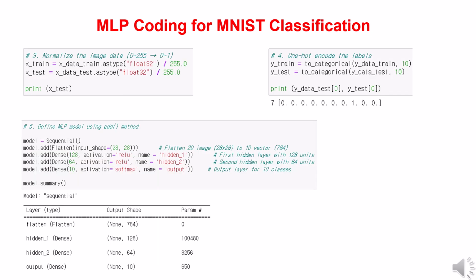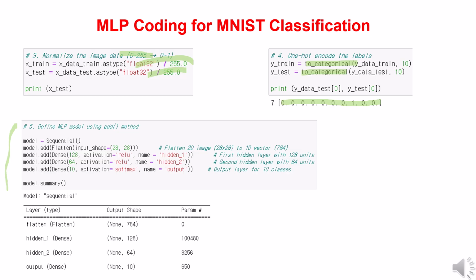First, since the X data consists of pixel values ranging from 0 to 255, we normalize it by dividing by 255 so that all values fall between 0 and 1. Next, we use the to_categorical function to convert the integer labels from 0 to 9 into one-hot encoded format. Now, we're ready to feed the data into the multilayer perceptron.